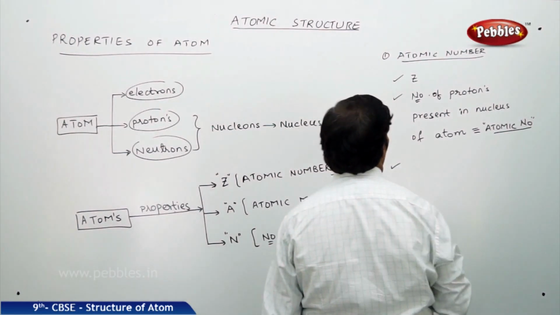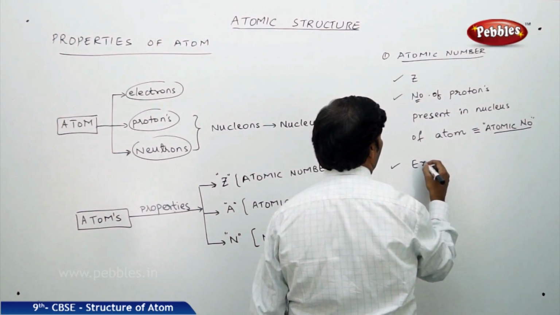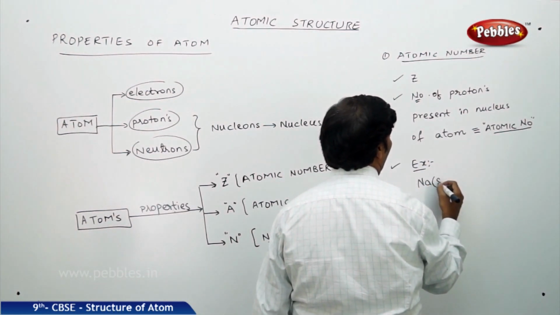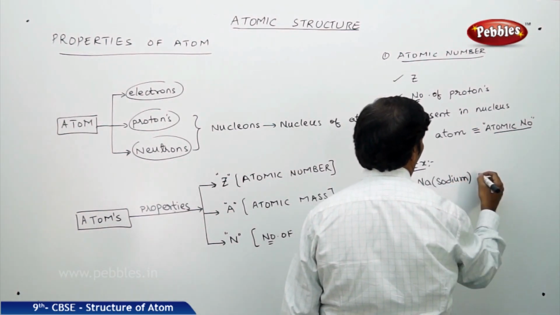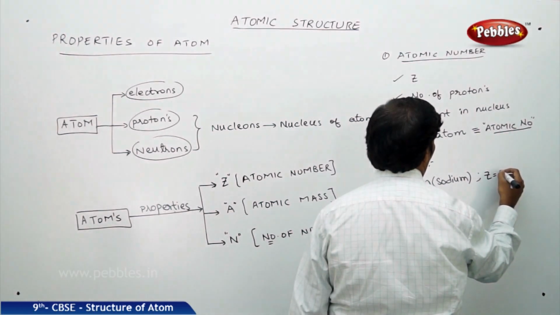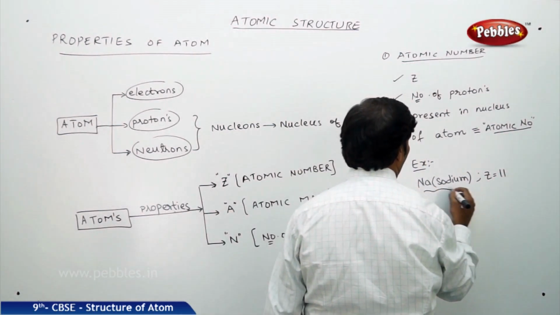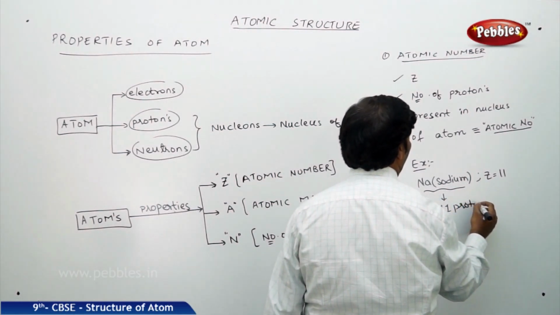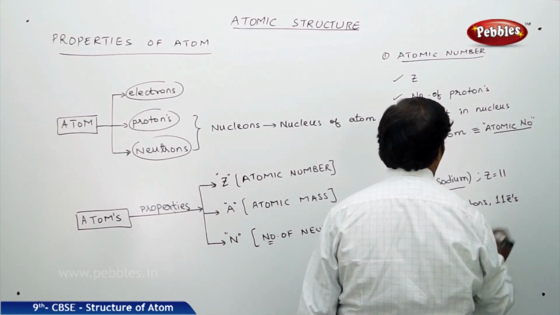Next, let us take some examples. Take sodium, Na. Sodium has atomic number 11. If it is having atomic number 11, that means this sodium has 11 protons, and we should also understand that it contains 11 electrons.